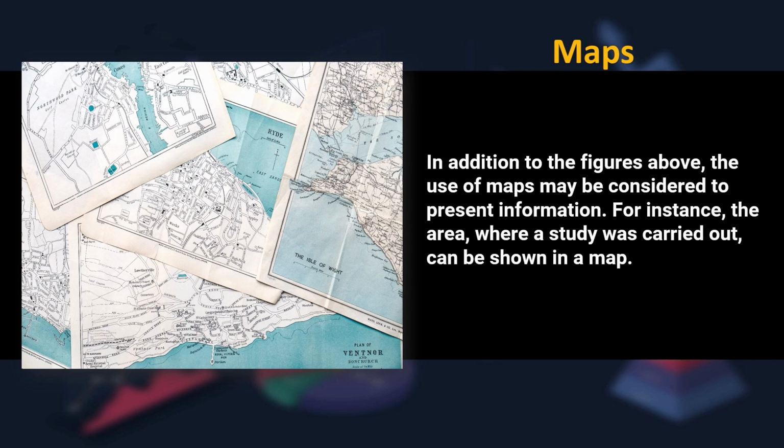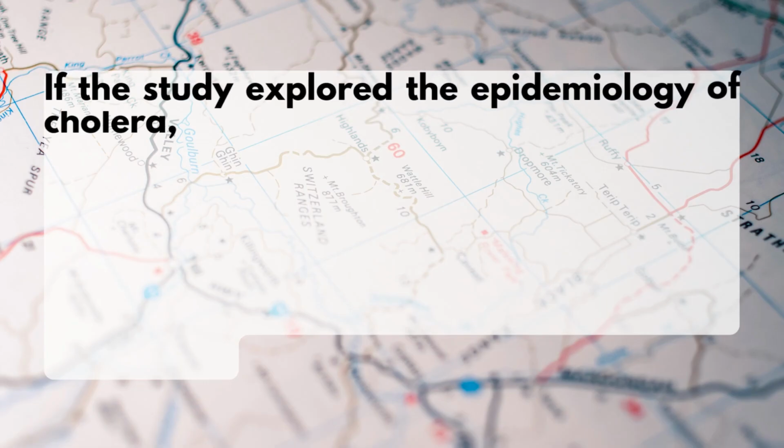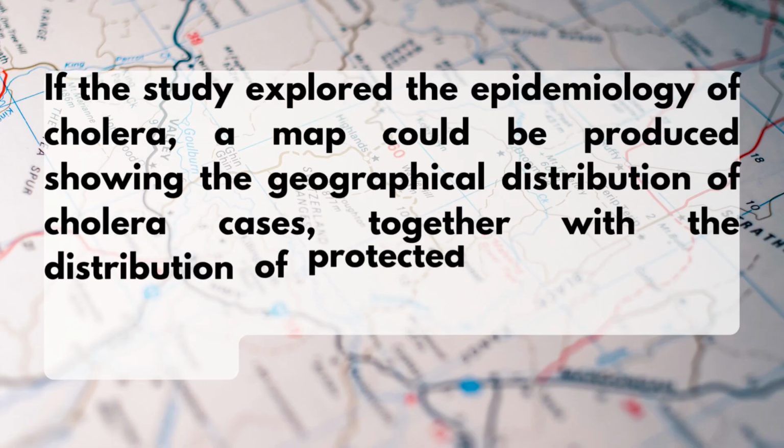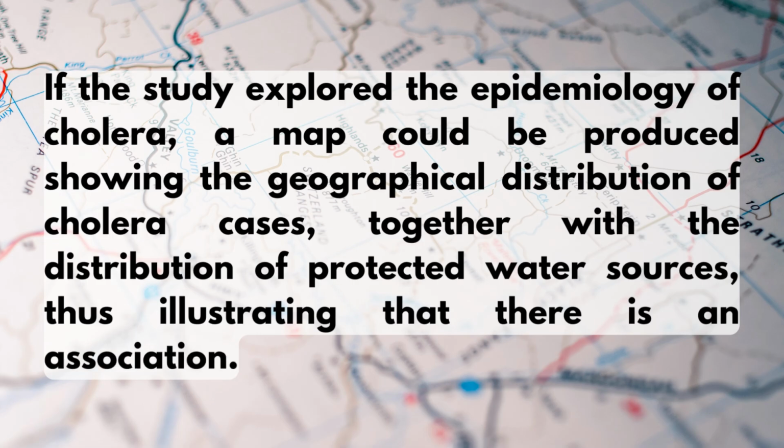The sixth one is maps. In addition to the figures above, the use of maps may be considered to present information. For instance, the area where a study was conducted can be shown on a map. If the study explored the epidemiology of cholera, a map could be produced showing the geographical distribution of cholera cases together with the distribution of protected water sources, thus illustrating an association between protected water sources and incidence of cholera.